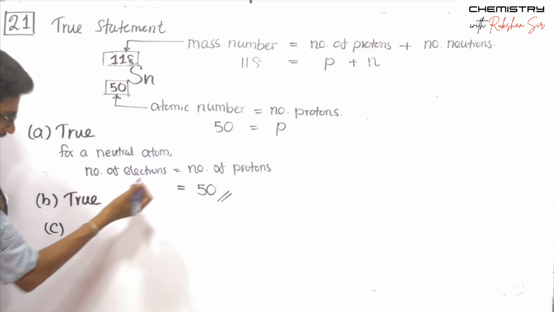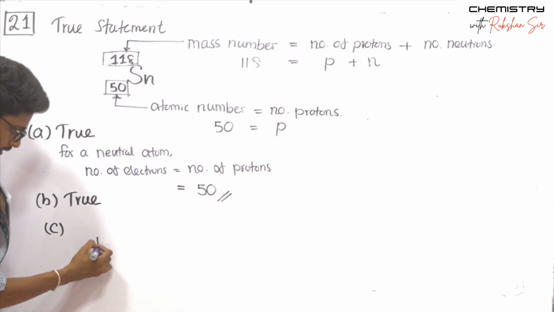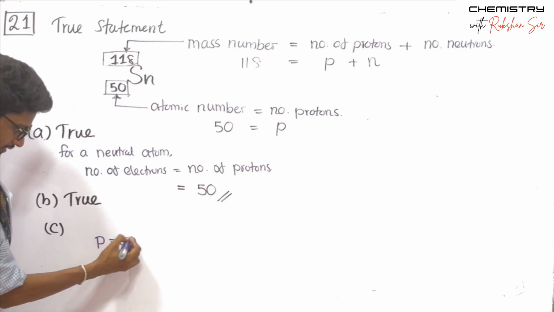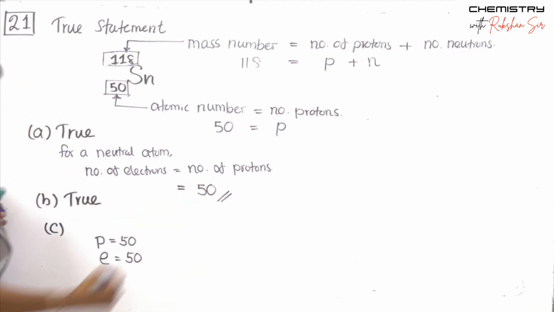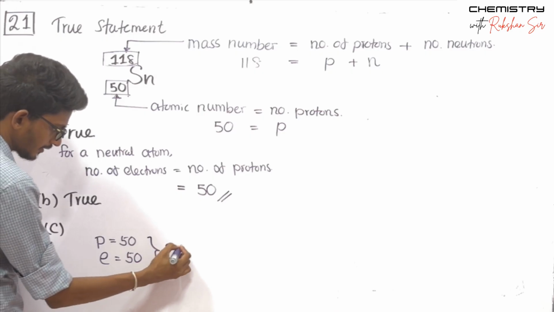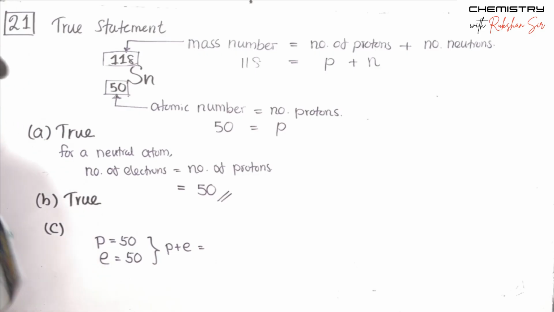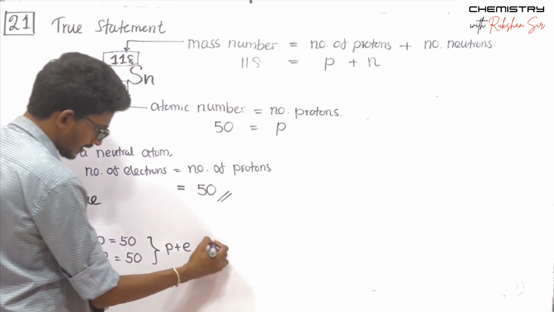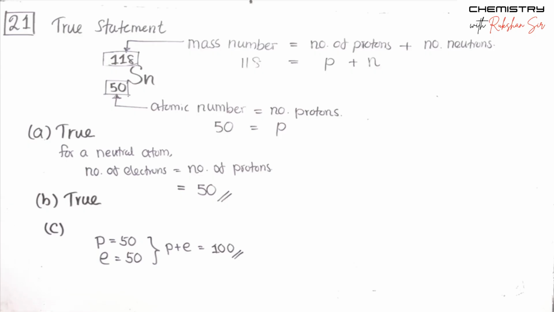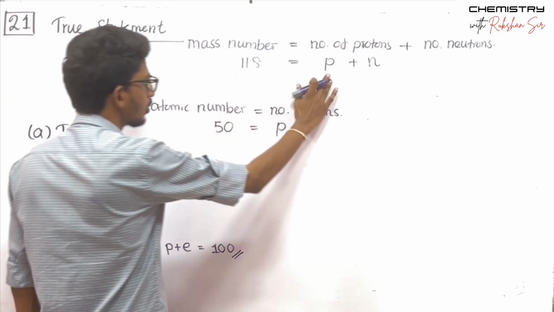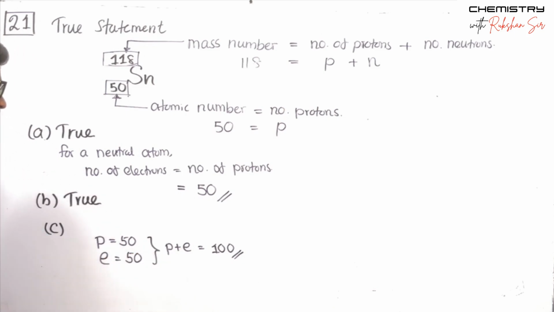We know the number of protons is 50 and the number of electrons is 50, so the total is 100, not 118. So 118 is the total for the protons and neutrons, not for the protons and electrons. So the statement is false.